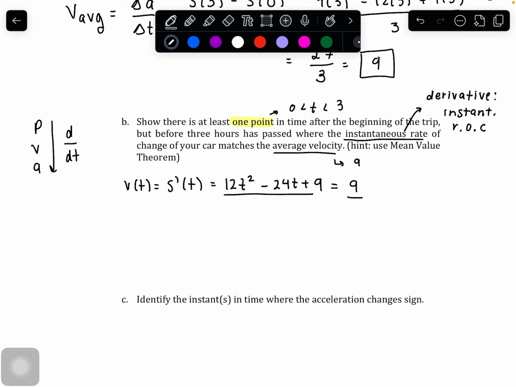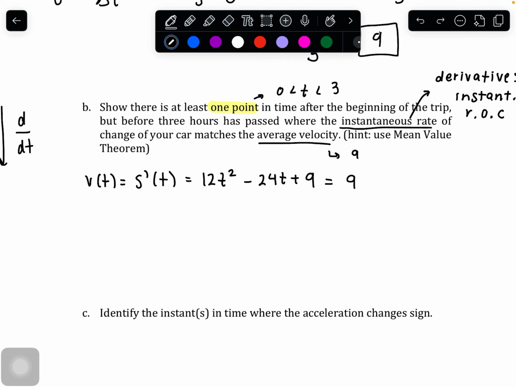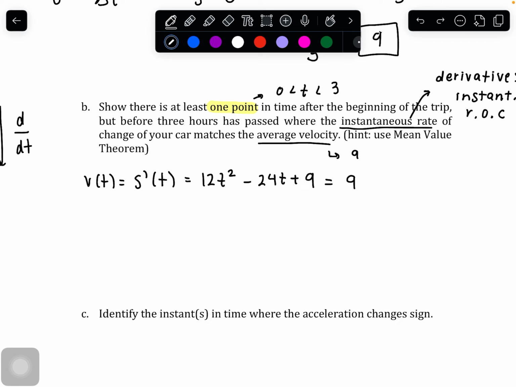This is the average. All right, so let's see, what can we do here? Well, I have a common 9, so if I subtract the 9 over, I'm going to be left with this right here. These have a common 12t, so 12t times (t minus 2) is going to be equal to 0.